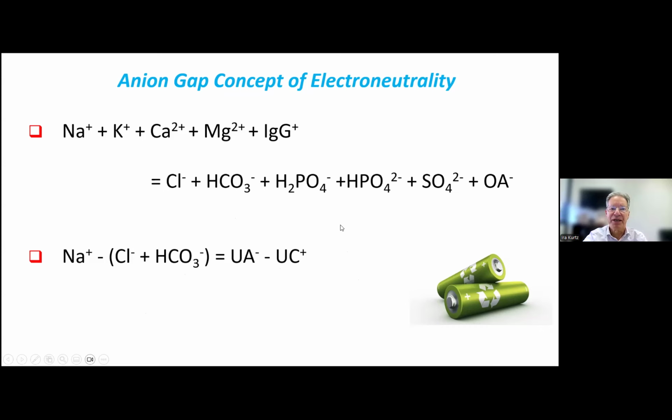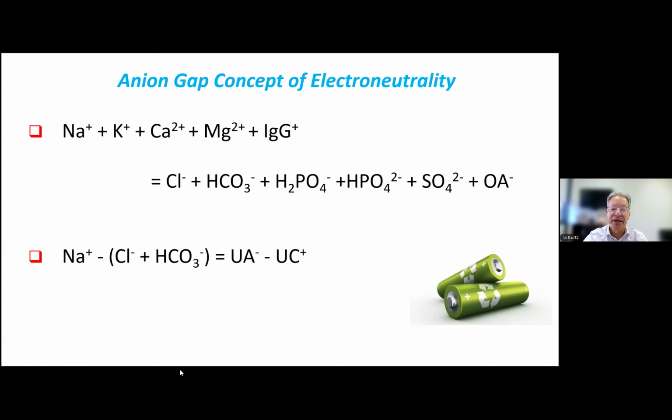So remember that in metabolic acidosis, especially endogenous sources of metabolic acidosis, the proton tends to come in with an organic anion, and the anion gap will then go up, as opposed to other causes like diarrhea or pancreatic fistula or gallbladder fistula or renal tubular acidosis, where you don't have an organic anion floating around.